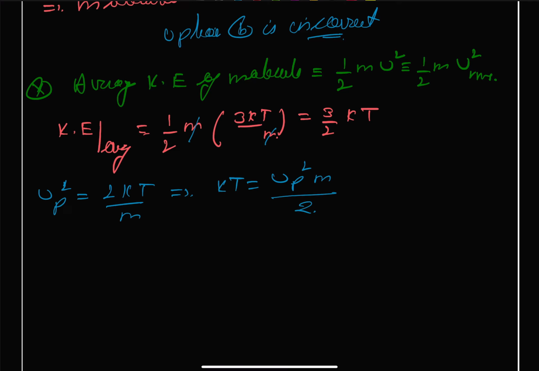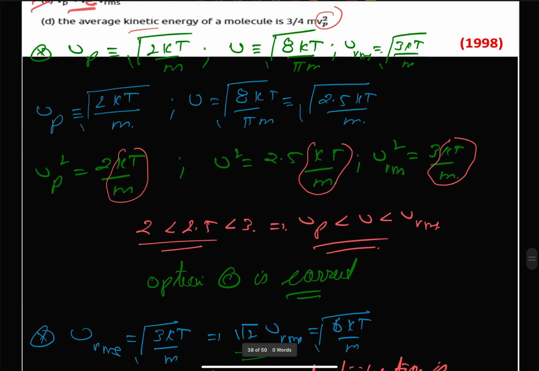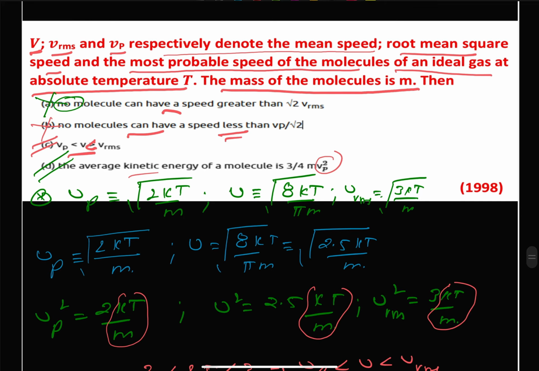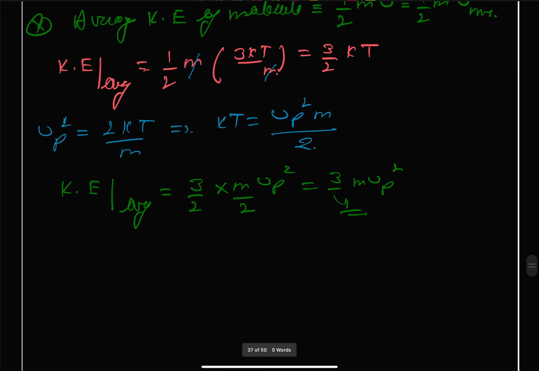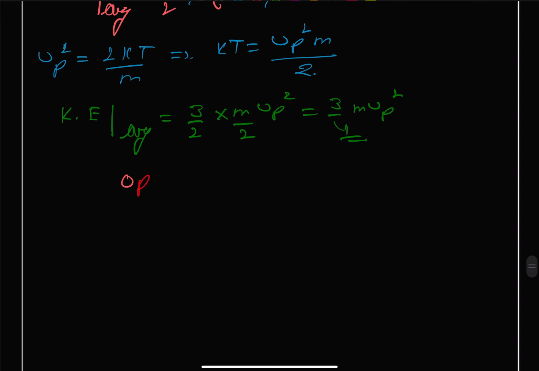So the average kinetic energy will be equal to 3 by 2 multiplied by m Vp square divided by 2, which comes as 3 by 4 m Vp square. So option D is correct.